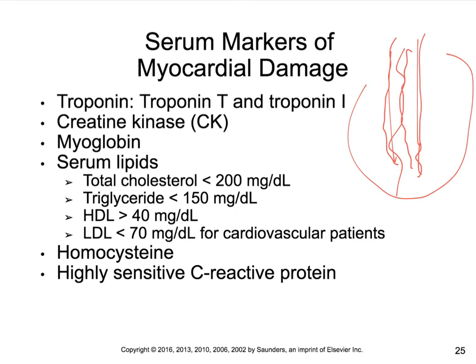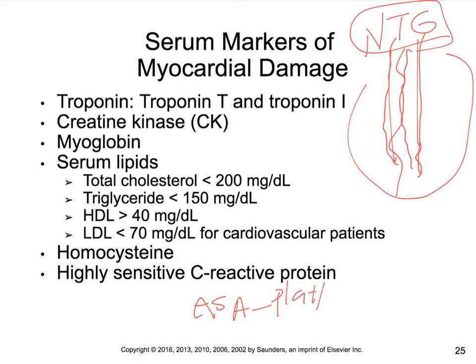The other medicine that we might give to them is a 325 milligram aspirin. Aspirin is not for the pain. Nitroglycerin is to help relieve the chest pain. Aspirin is a non-steroidal anti-inflammatory medication, but it also has this effect called a platelet aggregate inhibitor. So it inhibits platelet aggregation.